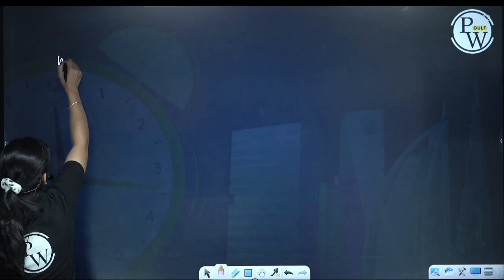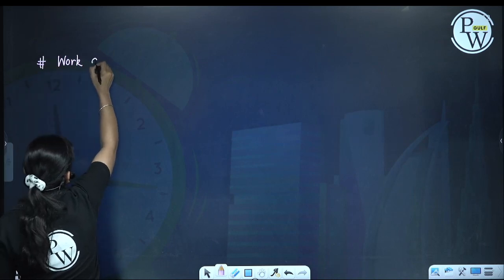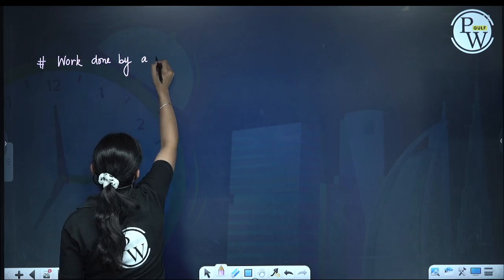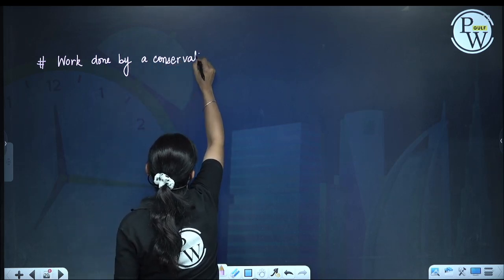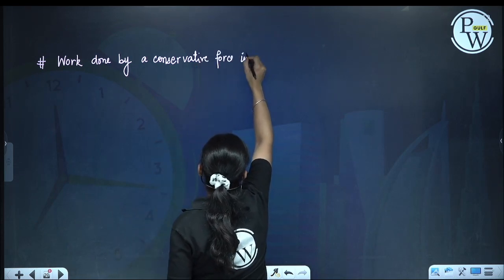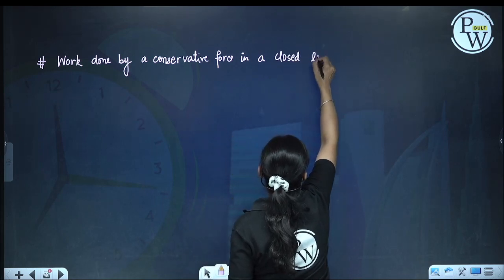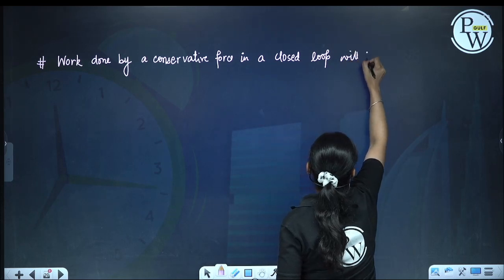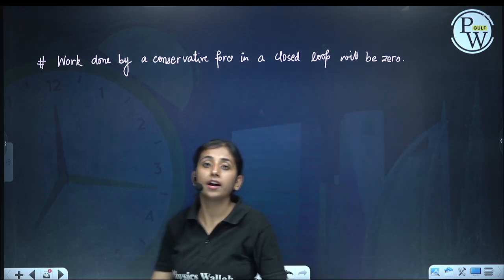Now work done by a conservative force in a closed loop will be 0, because it depends on the initial and final position.